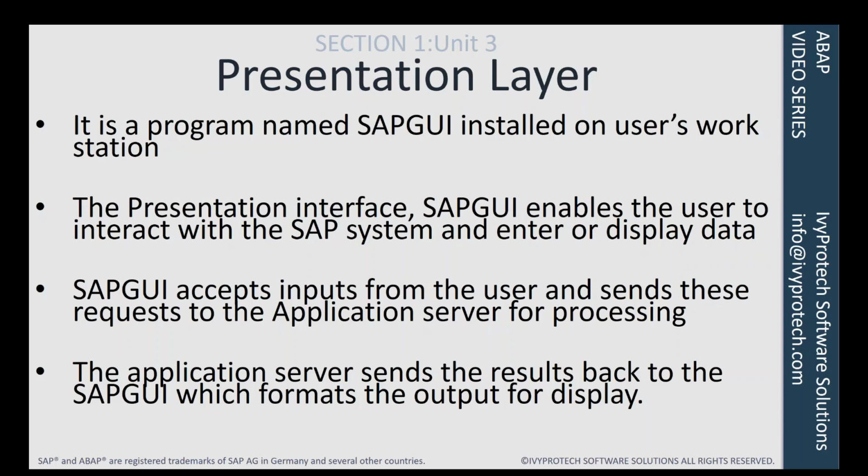Similarly, to interact with our SAP system, we basically need this SAP GUI. You can think of the functionality of this SAP GUI as similar to a web browser. The only difference is that the protocol the SAP GUI uses is different from the protocol that a web browser uses. So the presentation interface, SAP GUI, enables users to interact with the SAP system and enter or display data.